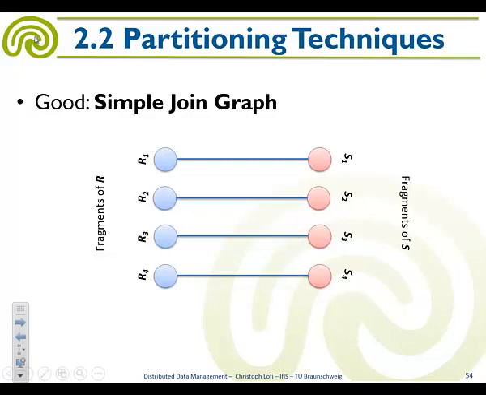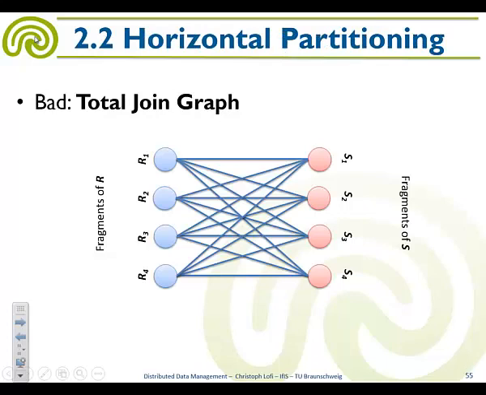That one here is perfectly suited for a shared nothing architecture, because you can just put it on machines. For this one here, if your data really looks like that, a shared nothing system will be very hard to do, because you have a lot of communication. For that one, if your data is really like that, a shared everything or shared disk system is definitely more beneficial to you.